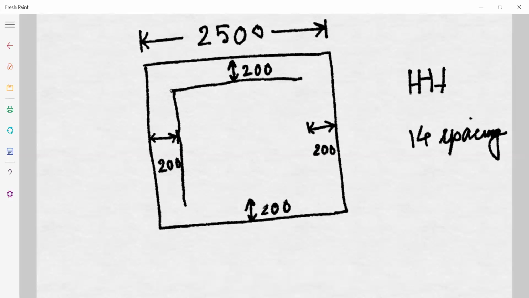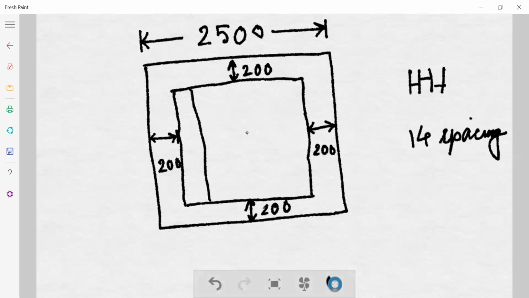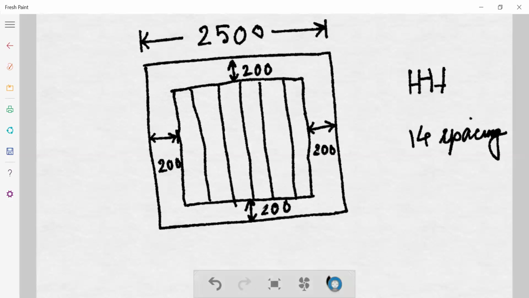This much area. If there are 15 bars like this, and I will not draw all 15, I am just representing, what is this spacing? This one becomes 2100.